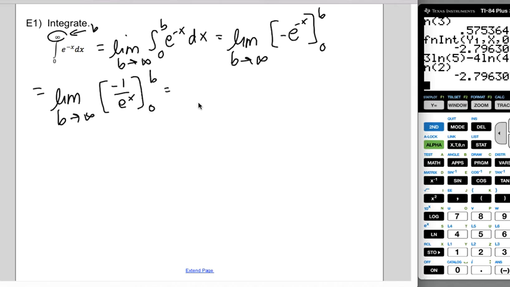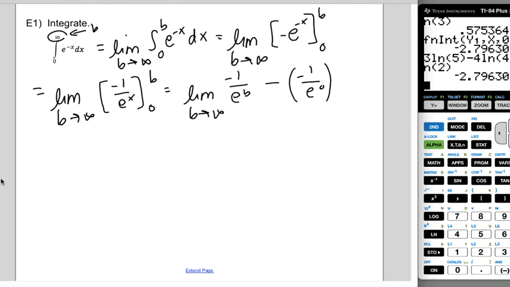from 0 to b. So when we go to plug in, this is going to be the limit as b approaches infinity of a negative 1 over e to the b minus a negative 1 over e to the 0. And I don't need the limit on the second part of the bound because the limit really only applies to the top boundary.